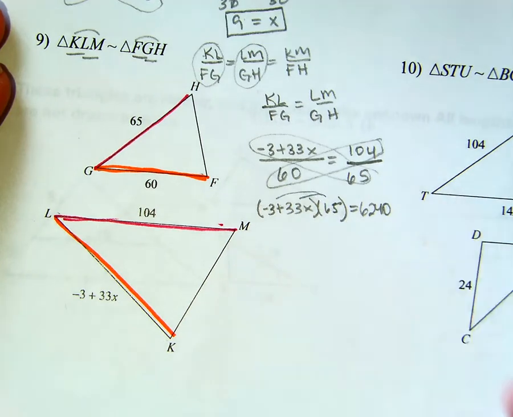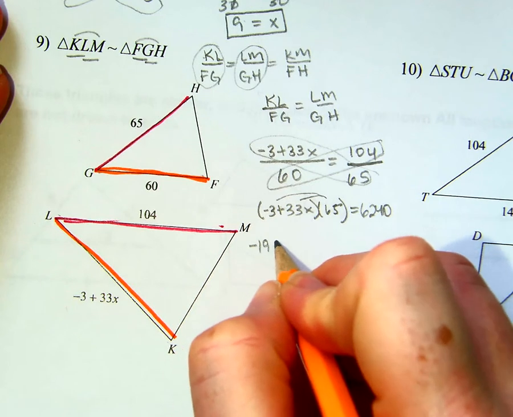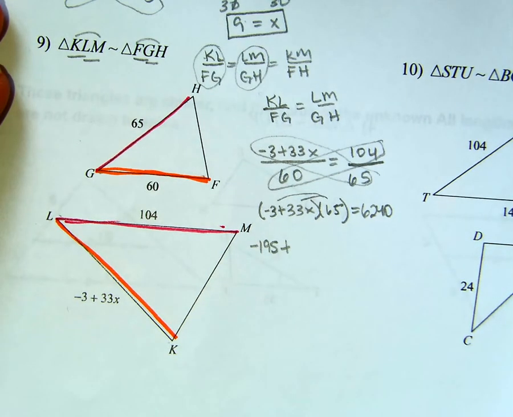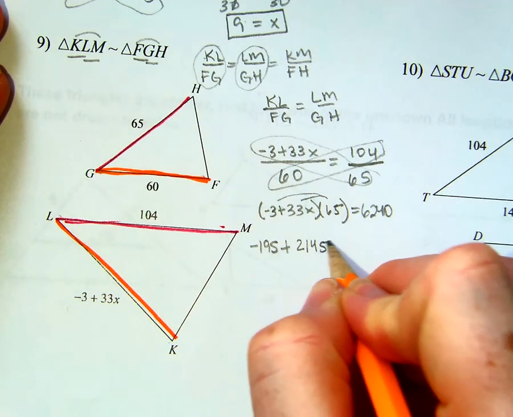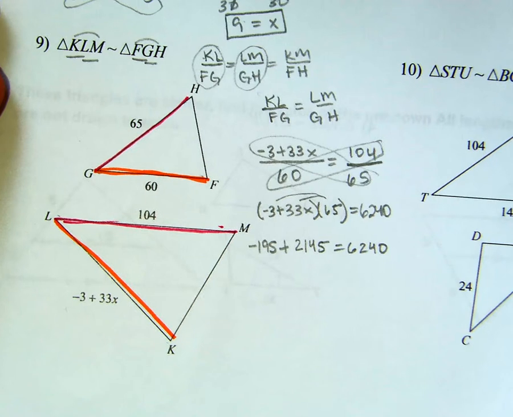And I'm going to distribute the 65. So negative 3 times 65 is negative 195, plus 33 times 65, which is 2,145. Some nice giant numbers here to work with.